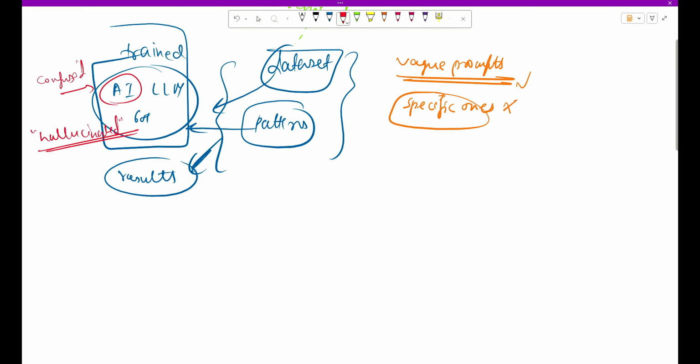And once it hallucinates, your result will be uncertain. So always remember not to give vague prompts but to give specific prompts only.